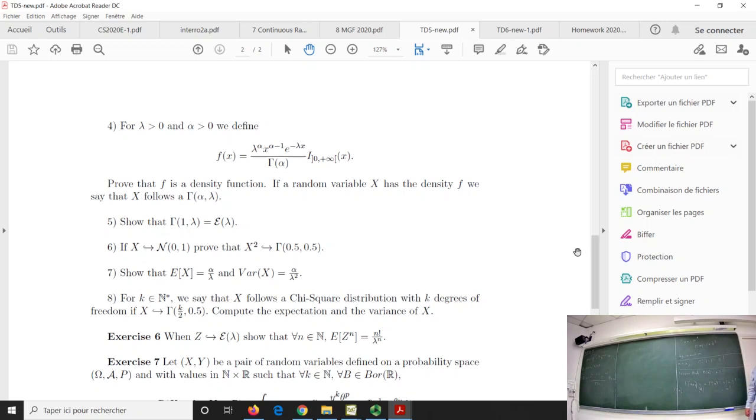I have this. And what is the question I have to answer? First, I prove that f is a density function. So what is the definition of a density function?